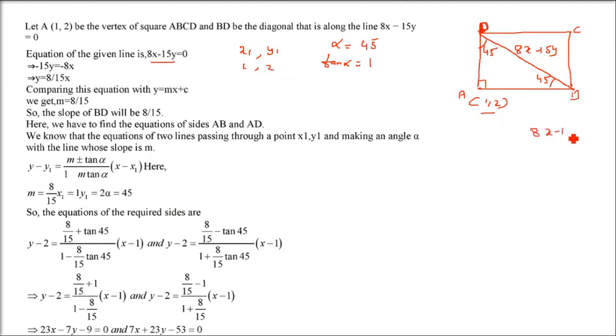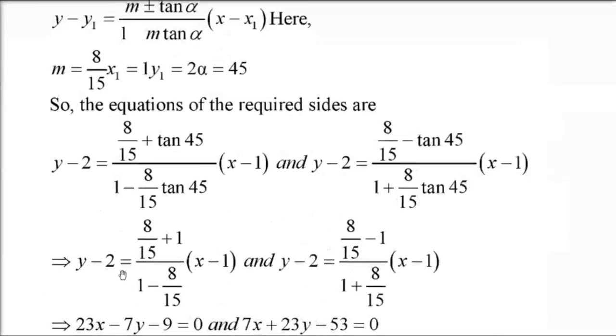So let us find m from here. Take y on the left hand side, others on the right hand side. So 15y equals 8x, y equals 8 by 15 x. So we have m here: m is 8 by 15. So let us put this in the formula, and we know the formula by now.